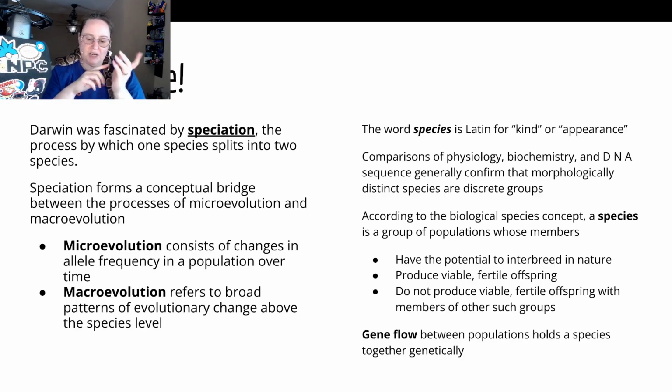Anyway, so gene flow between populations is what holds a species together genetically. So remember, this is kind of migration and whatnot. And that's a good thing, because populations pool up, people move, and we've got literally fresh blood coming into the population.